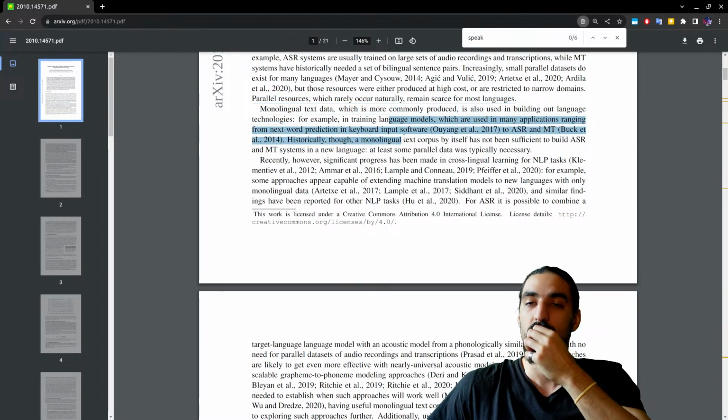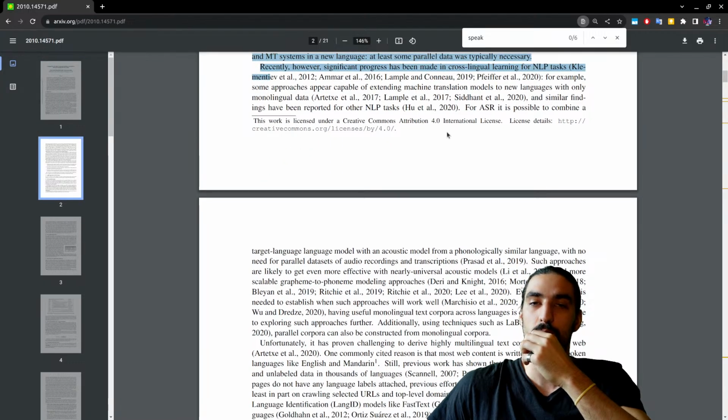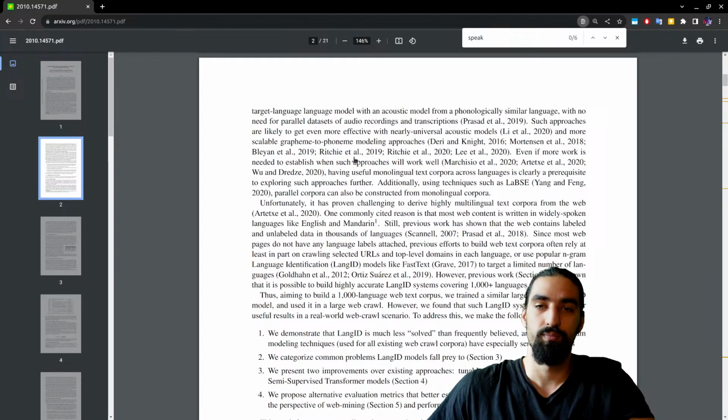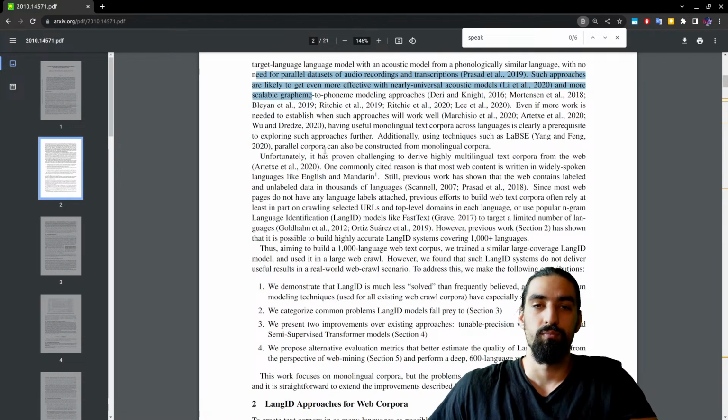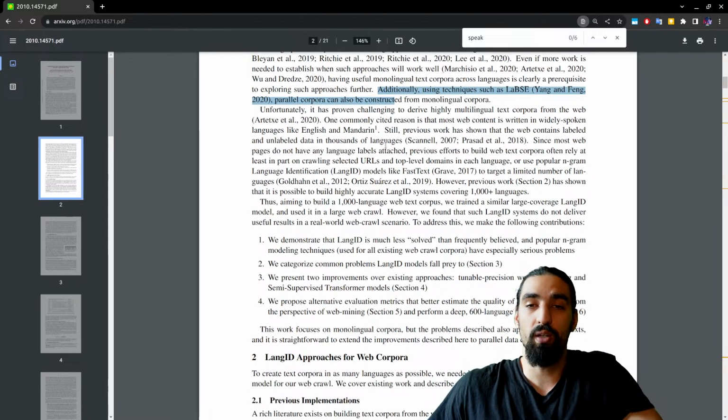Language models. Okay, recently, however, significant progress has been made in cross-lingual learning models to new languages with only monolingual data. Okay, using techniques such as LaBSE, parallel corpora can be constructed from monolingual data.